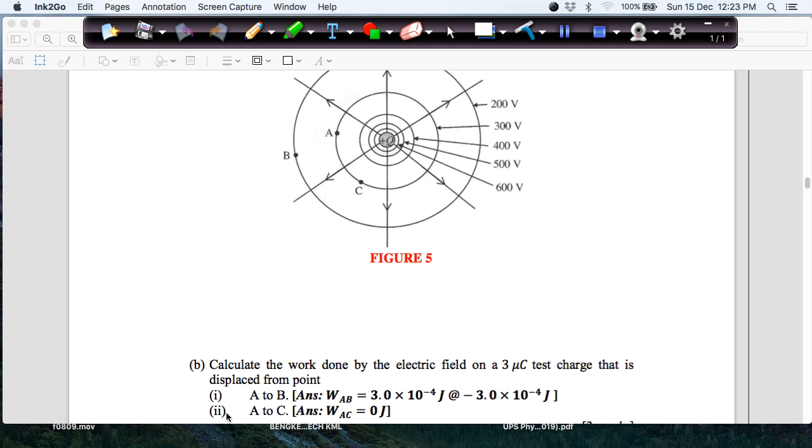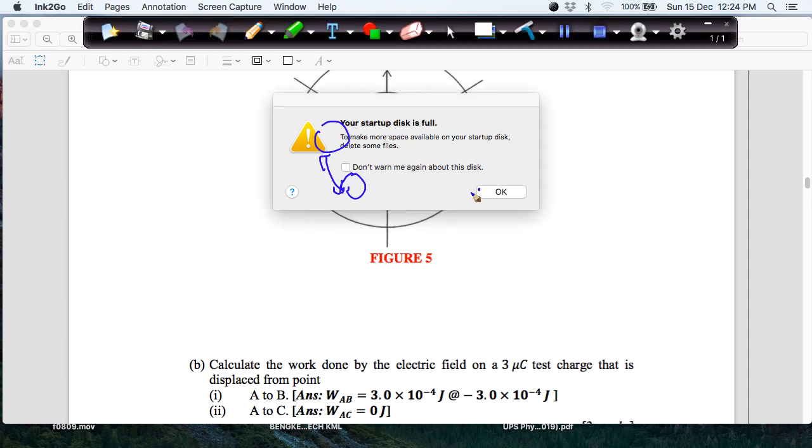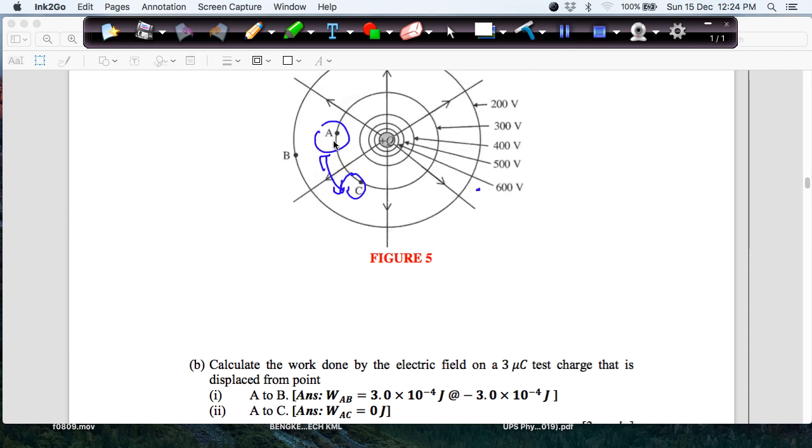And number 2, work done from A to C. A to C is on the same potential, an equipotential surface.